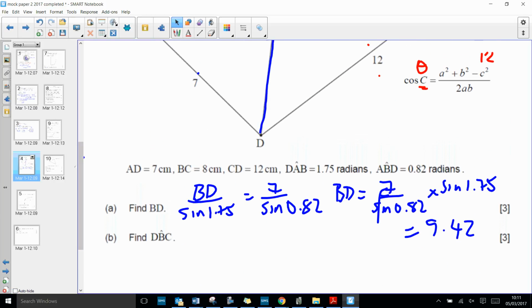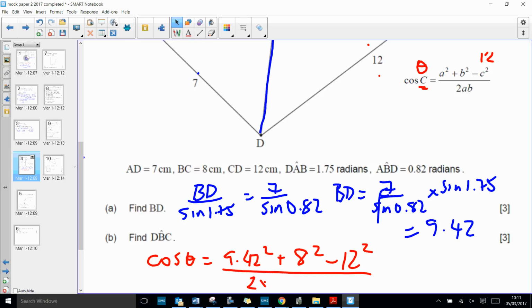So cos theta equals 9.42 squared plus 8 squared minus 12 squared, over 2 times 9.42 times 8. Not squared there, that's a 2.